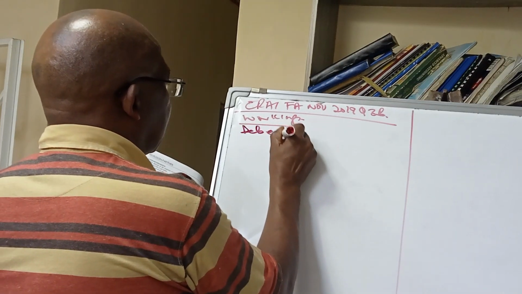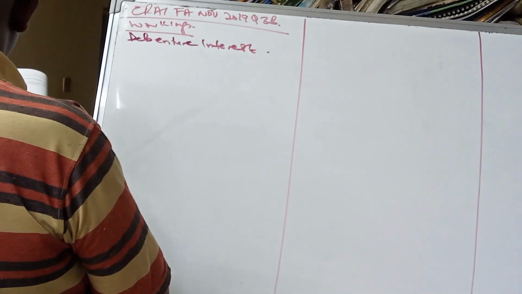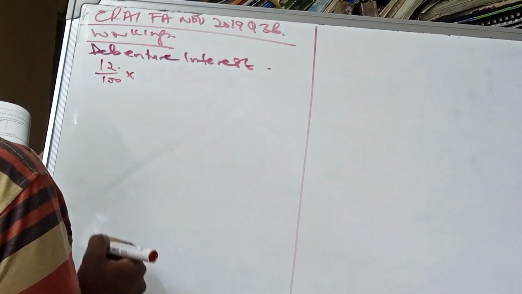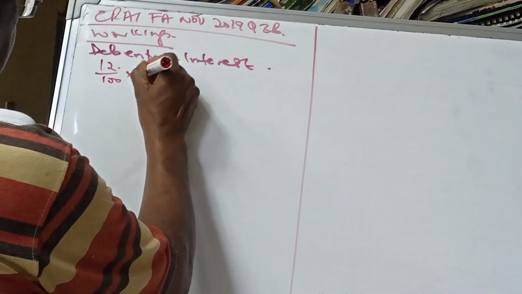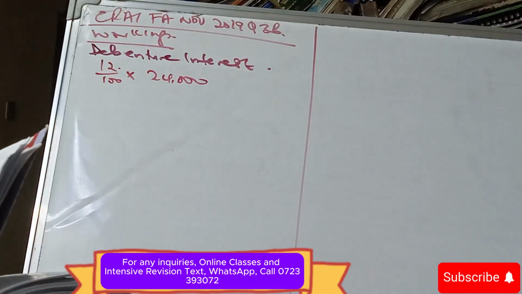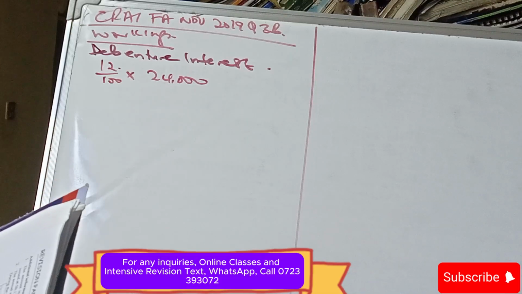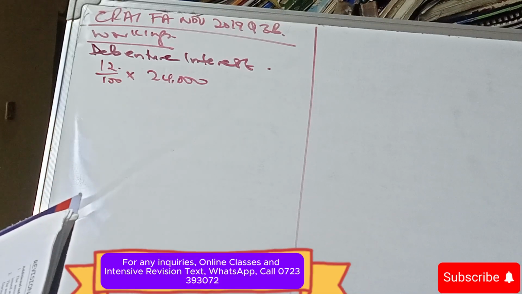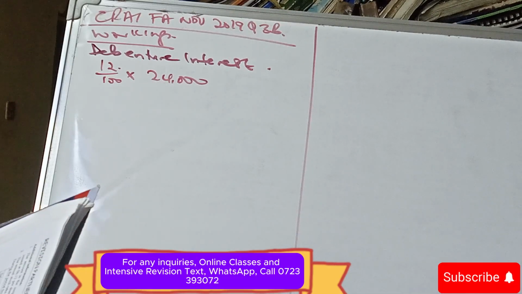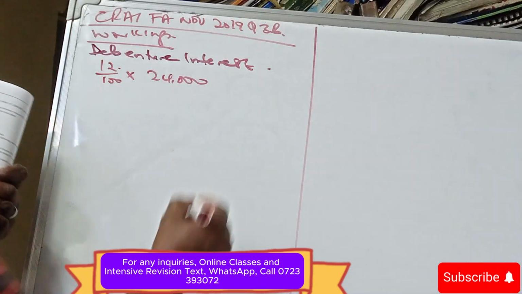We are told we have a 12% debenture, and the debenture amount is 24,000. 12% of 24,000. 0.12 of 24,000, you are told it is 28.80. Our debenture interest is 28.80.